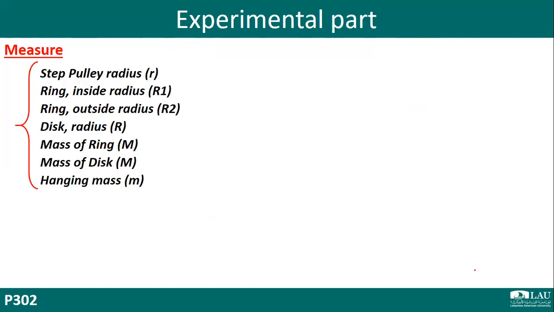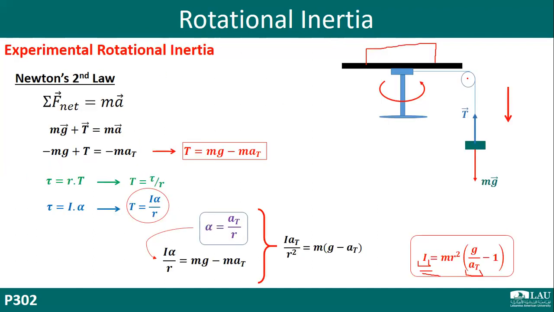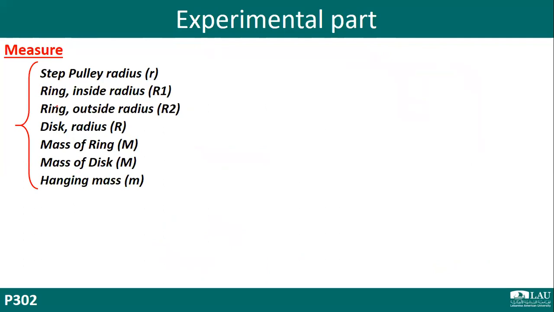So regarding the experimental part, as you can see, we have many variables. We need to measure the radius of the step pulley, this radius here. We need to measure the inner radius R1 for the ring and the outer radius R2, and the radius of the disk R, the mass of the ring, the mass of the disk, and the mass of the hanging mass.